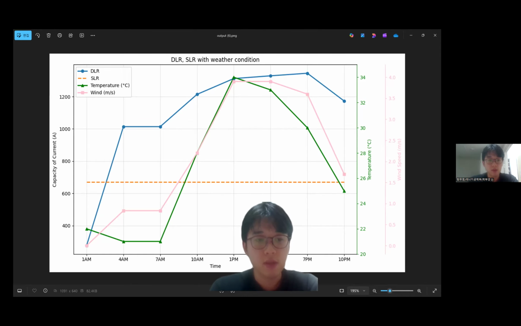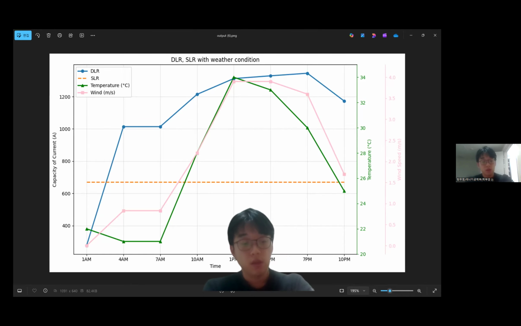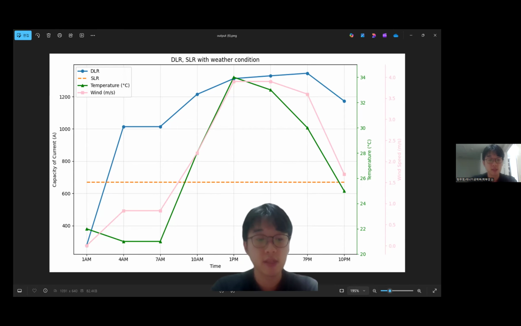Also, in this graph, the points of increase and decrease in temperature and wind are extremely different. The wind graph inclines from 1 a.m. to 7 a.m. However, temperature does not. Also, temperature declines a lot from 1 p.m. to 7 p.m., but wind is almost similar.